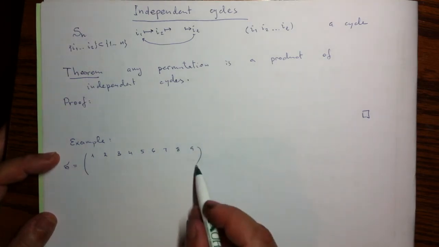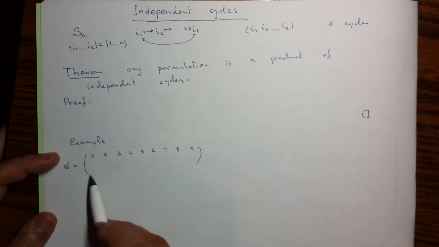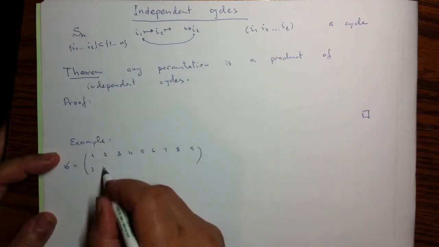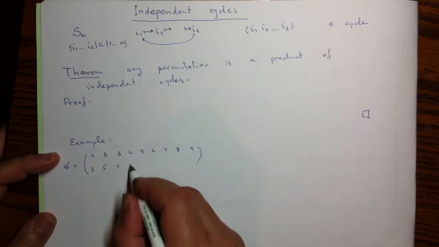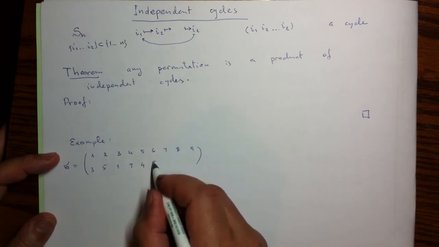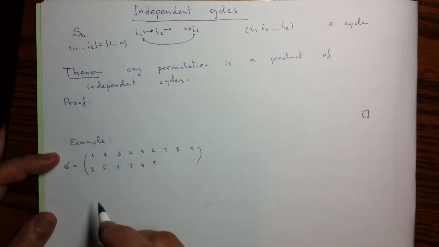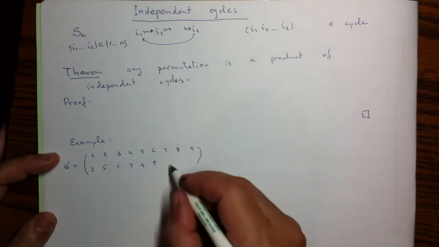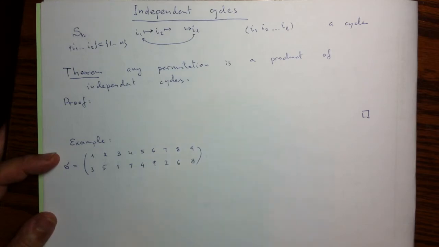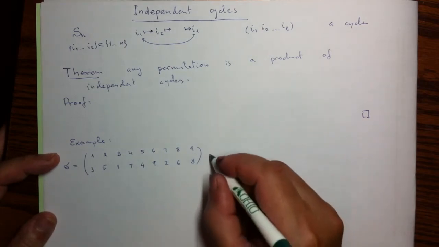And all we need to do is to list some answers, and the answers will have to be all different, non-repeating. So let's put 3 here, 5, 1, 7, 4, 9, 2, 6, 8. Nothing is repeating, so that looks like a permutation.